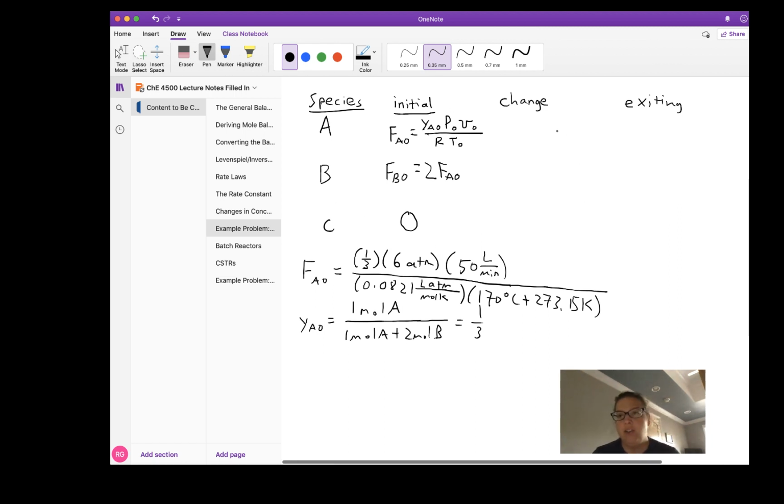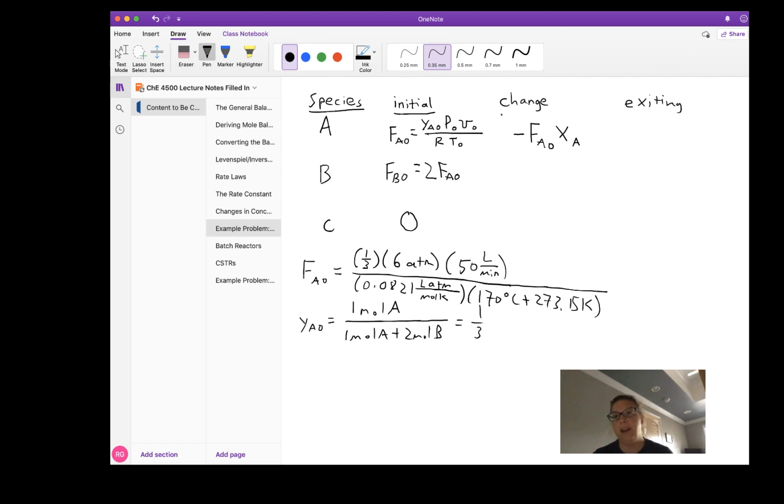So now the change that's going on in the reactor. So this is due to the conversion, so the amount reacted. So for species A, the amount that's going to react, this is going to be a negative value. So the change is going to be negative because species A is reacting away. And the change is going to be equal to FA naught times XA.